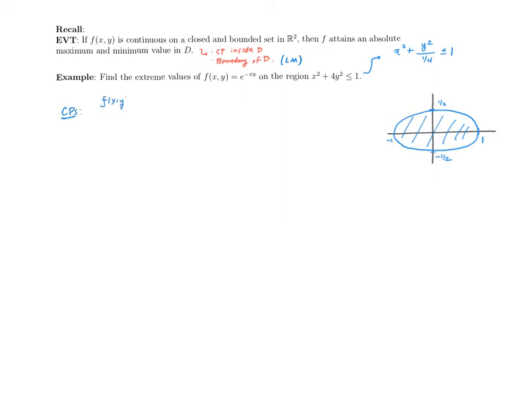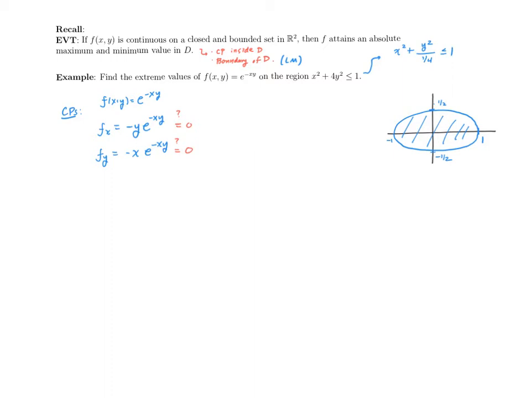For the function f, which is e to the minus xy, the partial with respect to x, using the chain rule, is minus y e to the minus xy. Similarly, the partial with respect to y, once again using the chain rule, is minus x e to the minus xy. A critical point occurs precisely at a point x, y that simultaneously forces both of these first partials to be equal to 0.